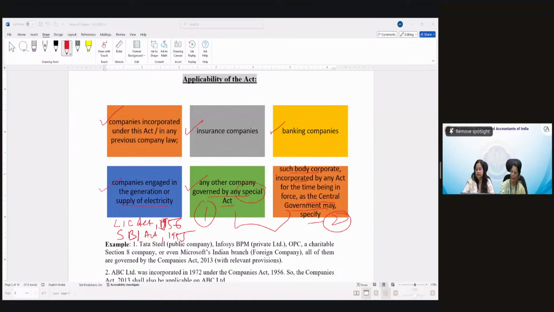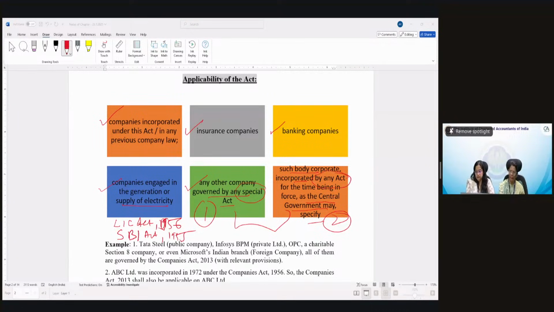Yes. And you would be seeing the next category is such body incorporated by any act, not under the Companies Act, because it is using the words by any act. That means not specifically under the Companies Act, but they are still body corporates, and they are being recognized by the governments.